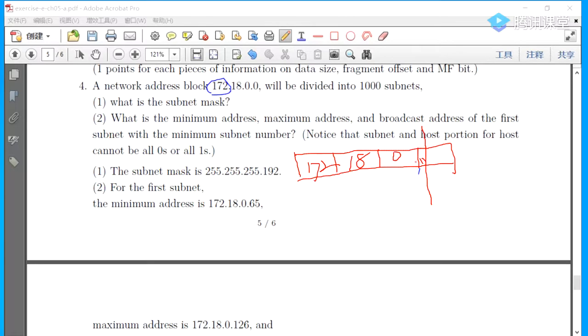Then the minimum subnet number is 8 zeros, then 0, 1.